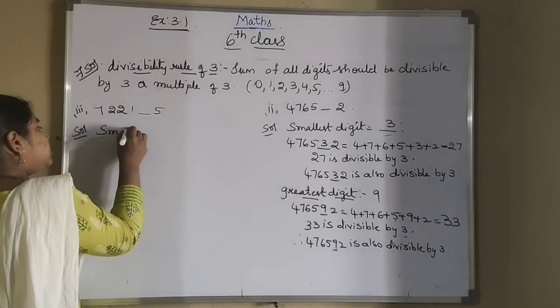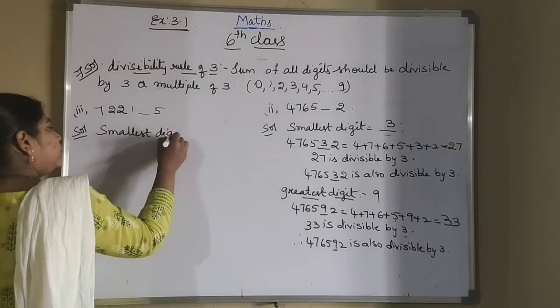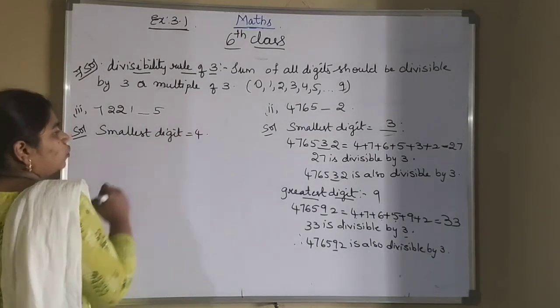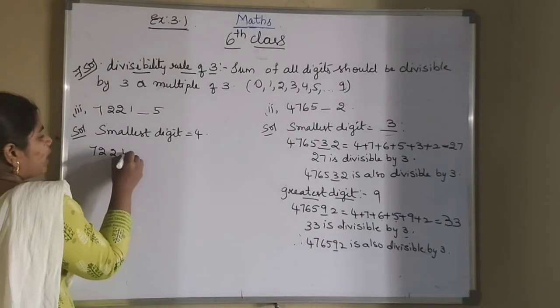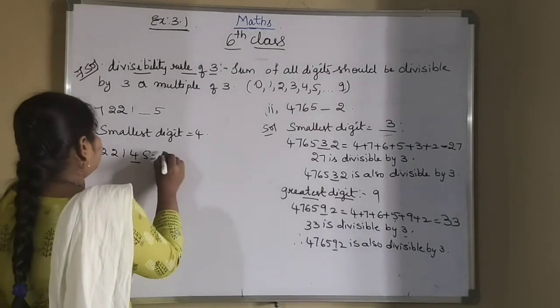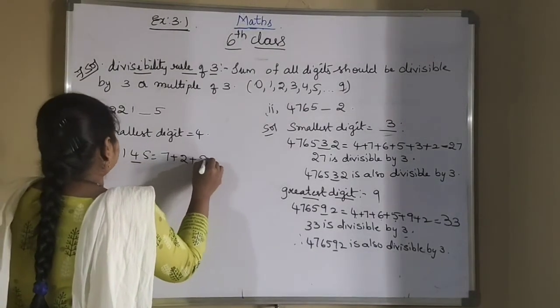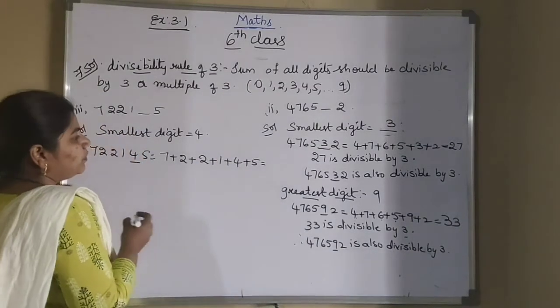The smallest digit is 4. Okay, substitute 4 first: 7, 2, 2, 1, 4, 5. In the blank I am writing 4. So add all these numbers: 7 plus 2 plus 2 plus 1 plus 4 plus 5 equals how much here?